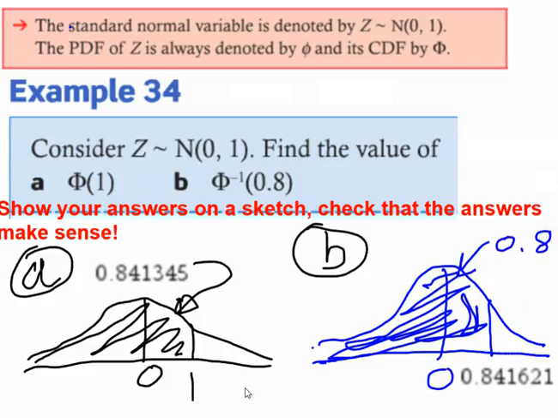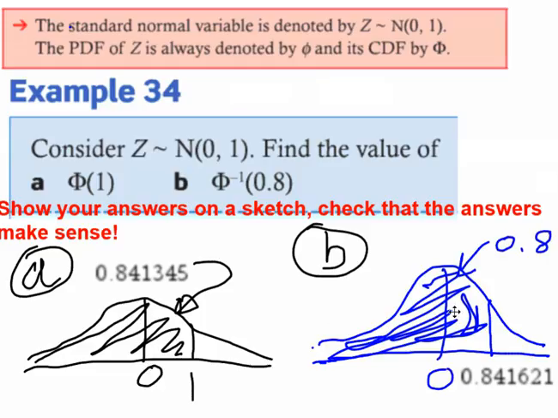Okay, so for A, the mean is 0 and the Z value is 1. So the probability Z is less than or equal to 1 is 0.841345. That seems to make sense. It's got to be quite a lot more than 0.5 because it's gone over the halfway line given by the mean.